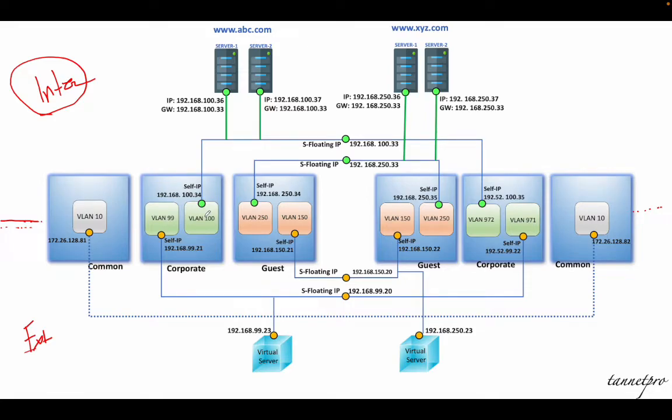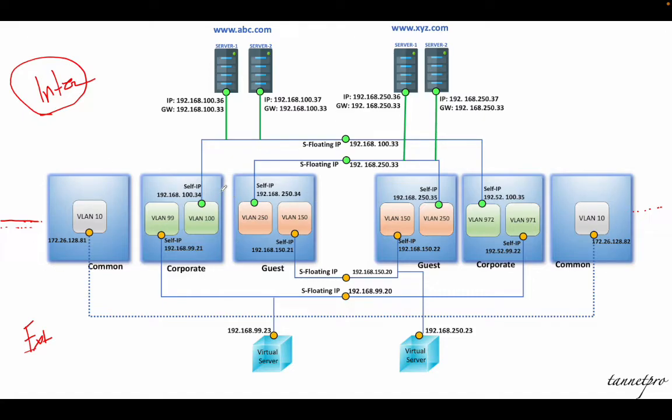So here VLAN 100 is connected to your internal zone, where I have given an example, right, of another F5 box on the right hand side. You can forget about the right hand side F5 box. You can also try to understand with a single F5 box on the left hand side.